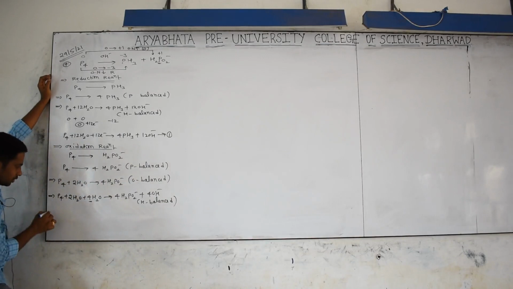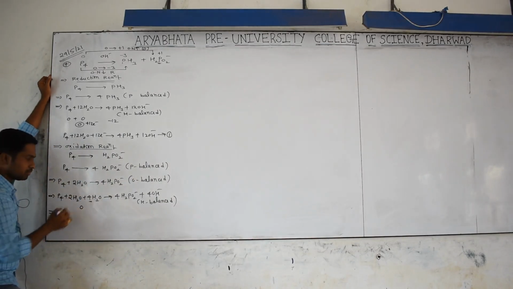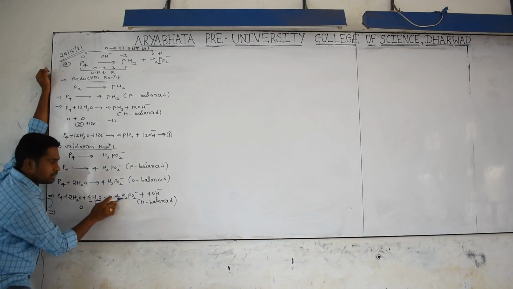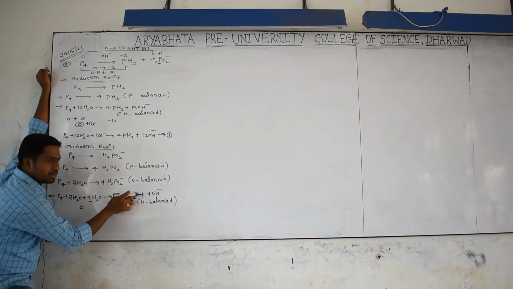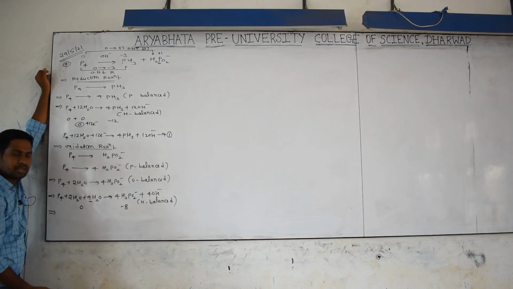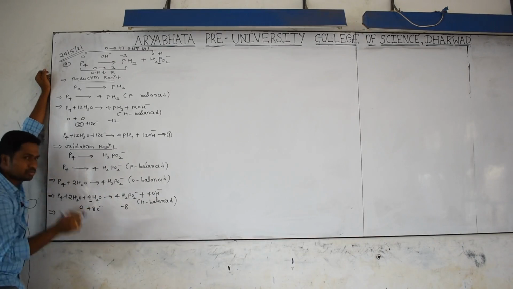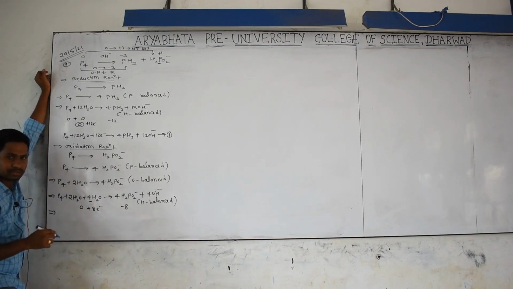Later we have to go for balancing of charge. The left side whole charge is 0. Everyone is neutral. Now each one carries minus 1, so 4 of them carry minus 4, and here also minus 4, together minus 8. Then we should add electrons here. How many should we add? 8 electrons should be added. I told you already every electron represents minus 1 charge.